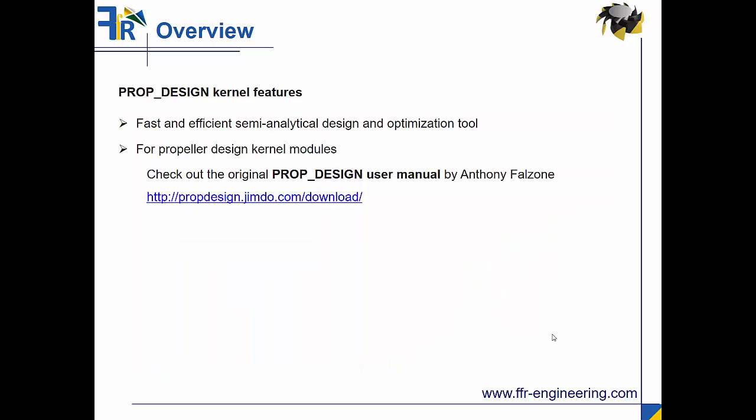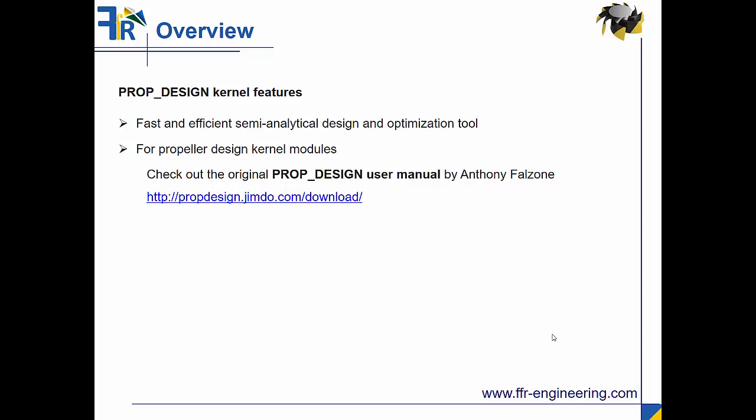So what are really the kernel features? It is important for you to know, for those who don't know the original Prop Design software, that this is a very fast and efficient semi-analytical design and optimization tool. The kernel propeller design modules are, as I said, taken from the original code.